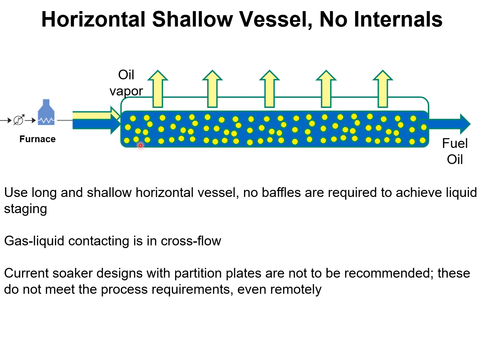If we look at the gas liquid flows within the horizontal shallow vessel, there will be vapor being formed as the liquid traverses the horizontal vessel, and the vapor in the form of bubbles will leave the column and can be recovered.